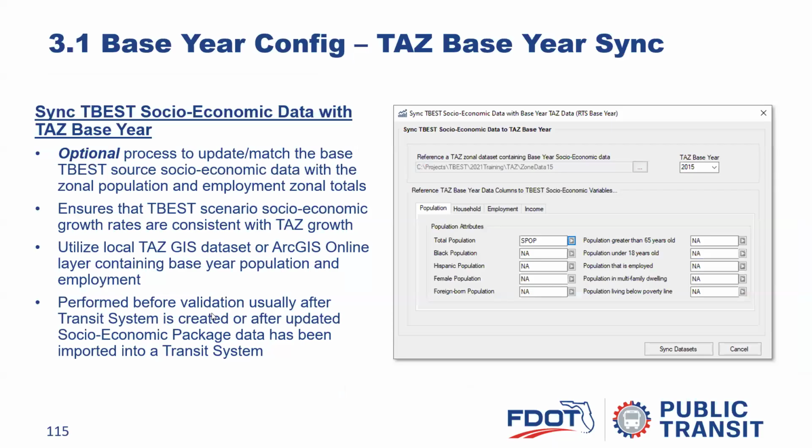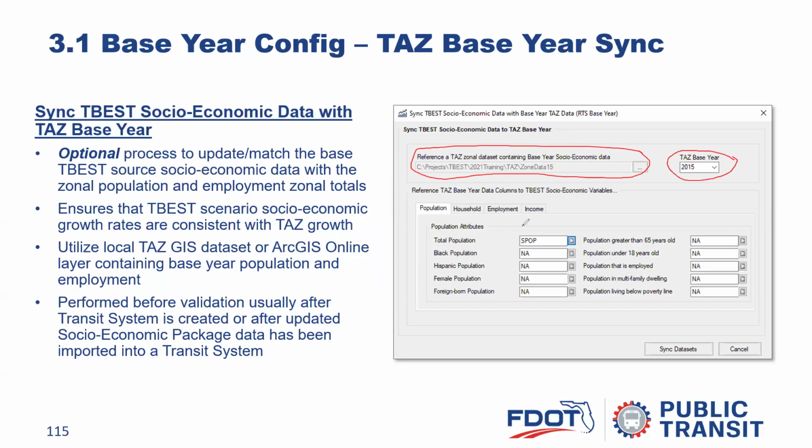All right. So the sync part is basically a setup where you're referencing the TAZ zonal data set containing the base year socioeconomic data. In this case, it's referencing zone data 15. The TAZ base year is 2015.